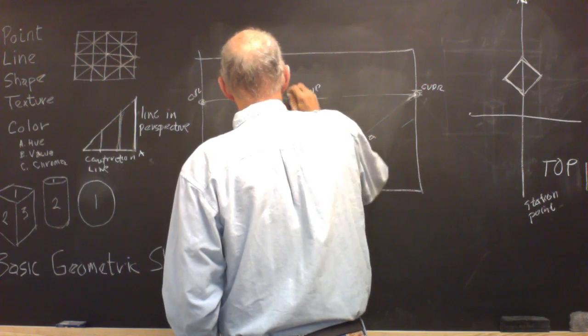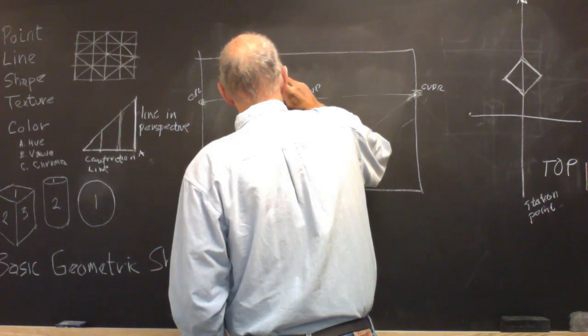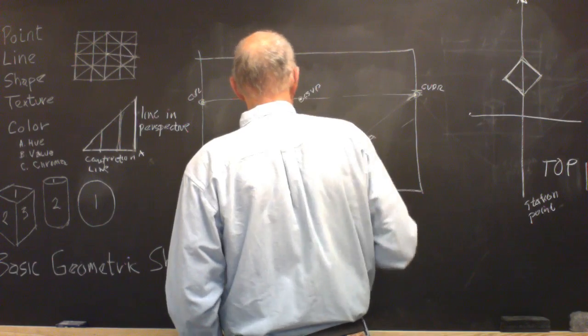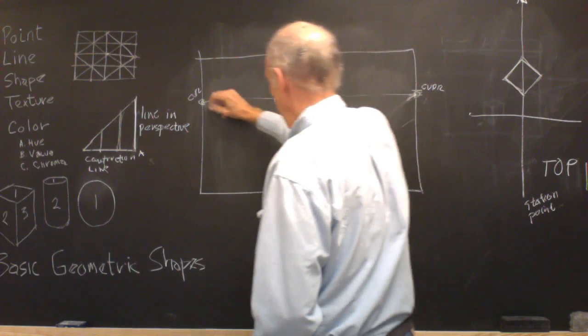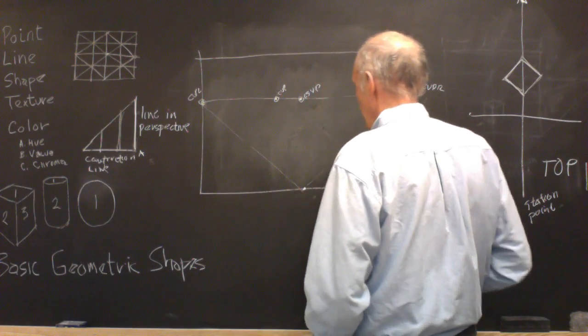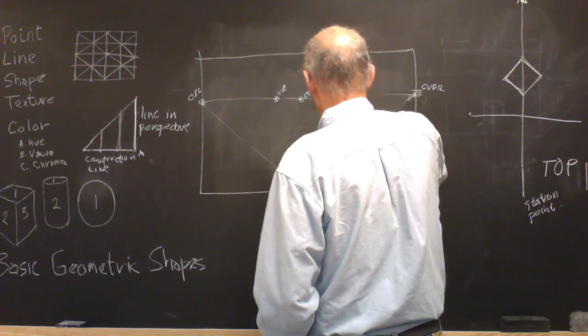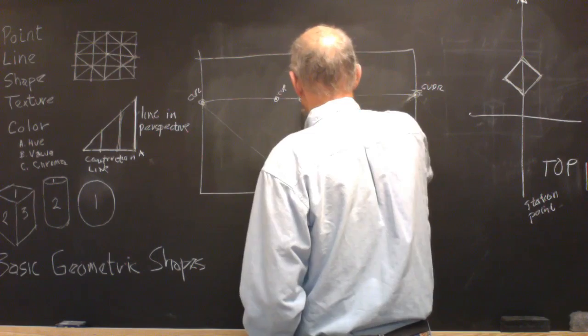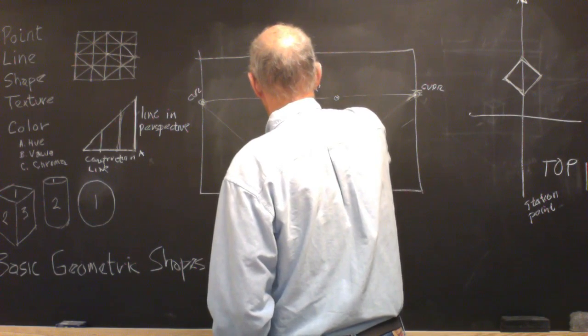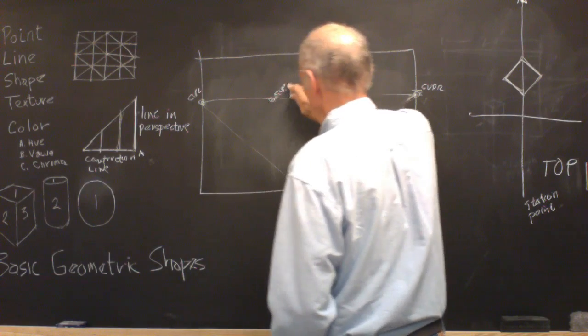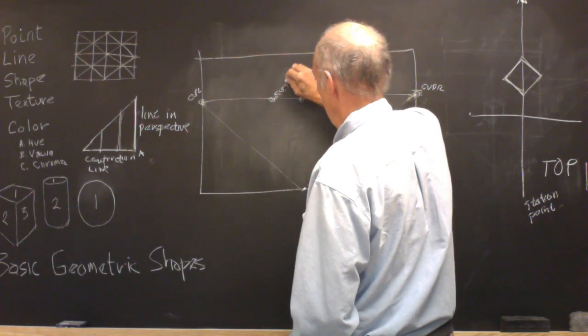I've got a construction vanishing point over here, and I do the same thing from the other side. I measure from there to there and drop an arc up here. This would probably be a little further out than that. This is construction vanishing point right.